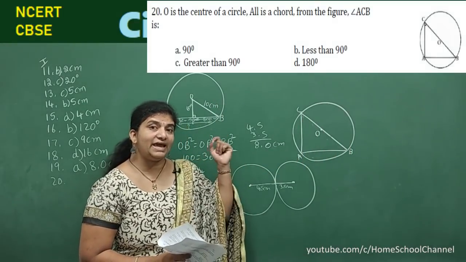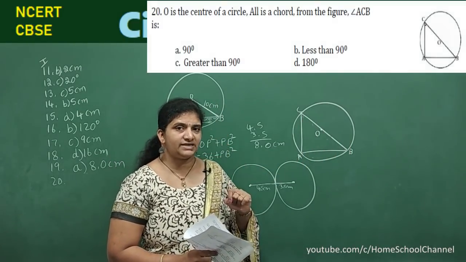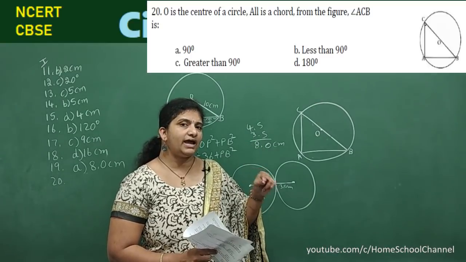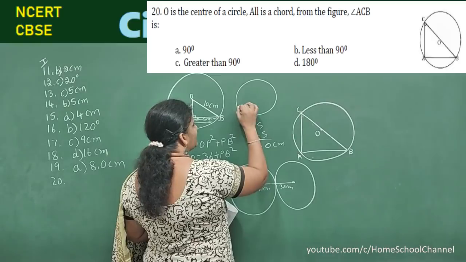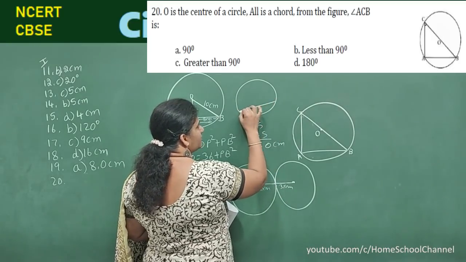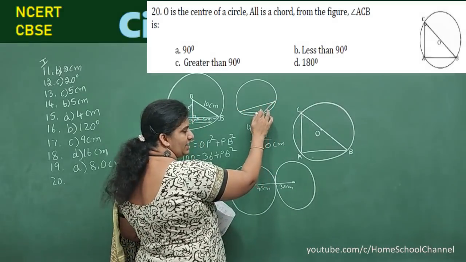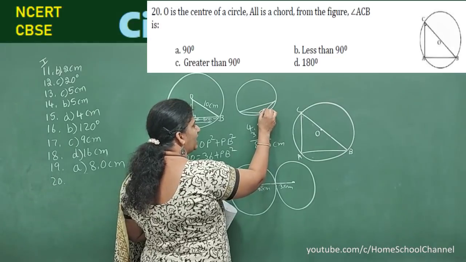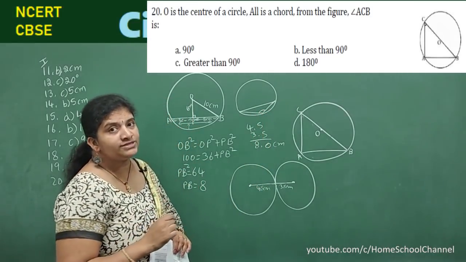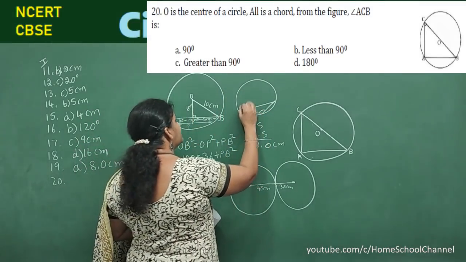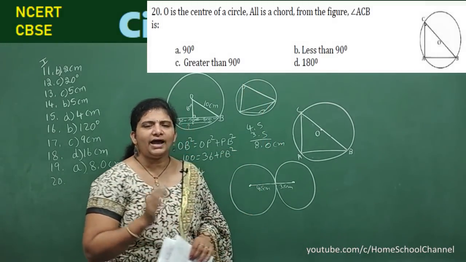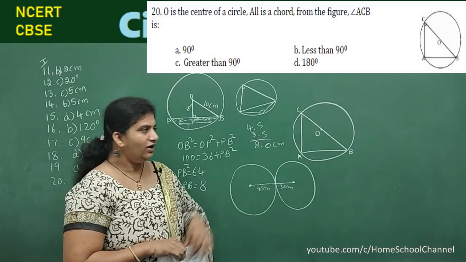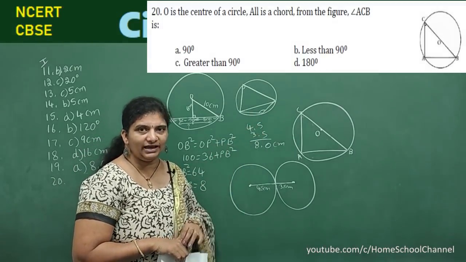We know from areas of circles, we can say minor segment angle, major segment angle. See, this is the minor segment. Minor segment angle is always an obtuse angle. And in the major segment, all the angles will be acute. Acute means less than 90. Obtuse means more than 90.